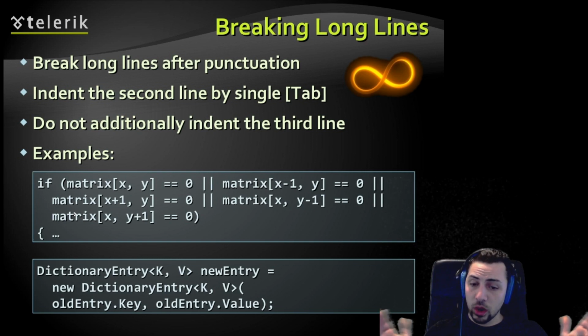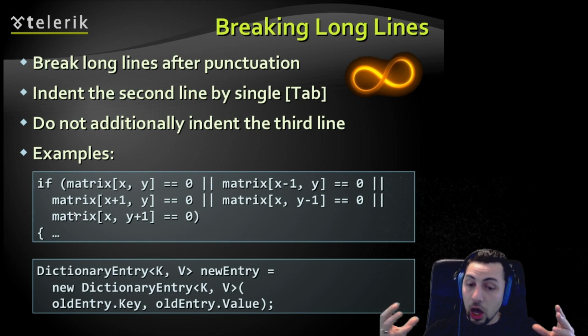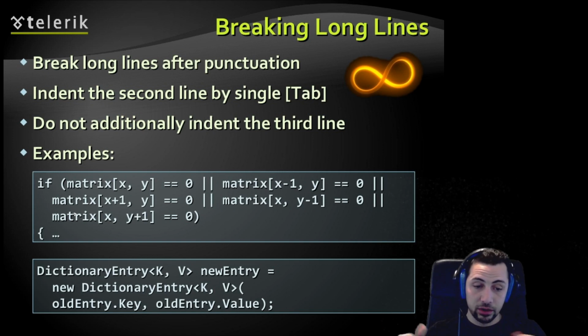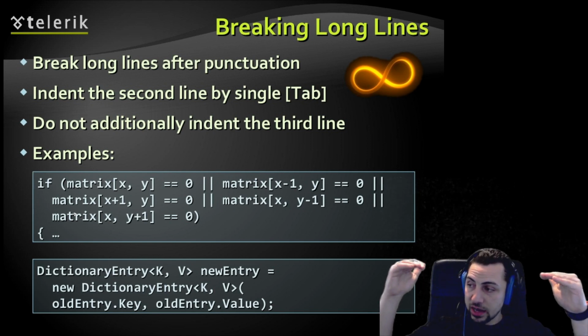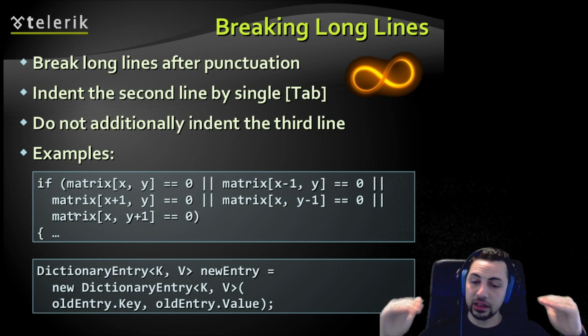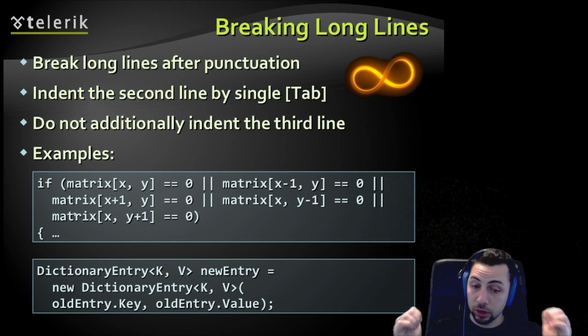Even if you're just having one line, not a clause, a new dictionary entry for a key value pair, you can split that up into multiple lines. Keep it with logical groups though, okay? If you're going to split it up, first line just declares the variable. Second line is all of the boilerplate to define the type. And then the third is the key and the value. That's okay.